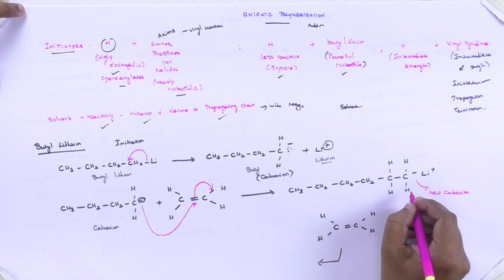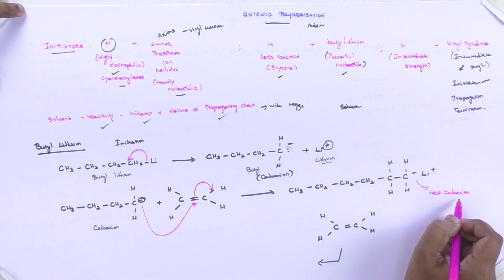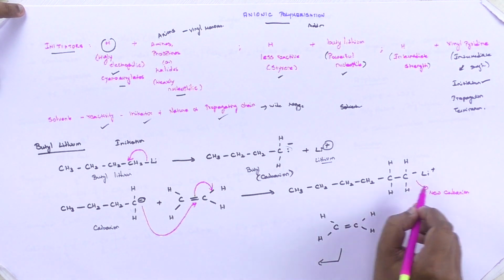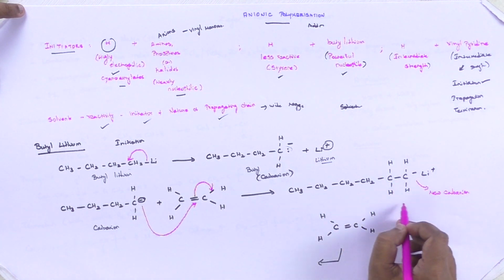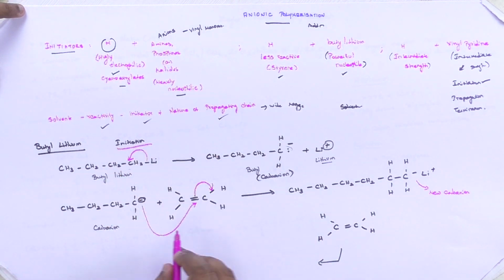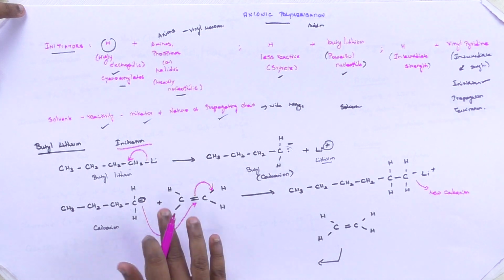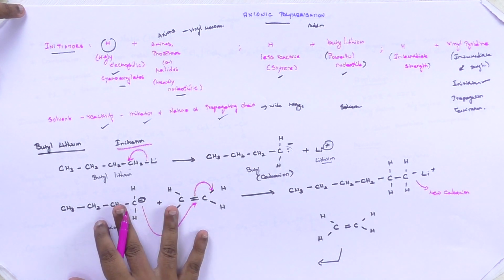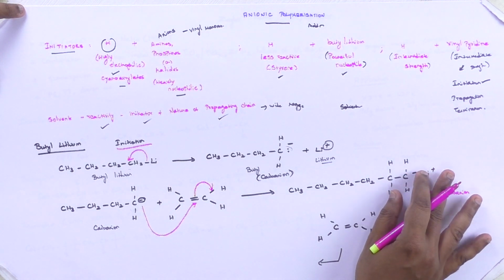So the butyl lithium falls apart and the butyl anion reacts with the monomer. This process is called initiation, and the whole process here is the initiation.